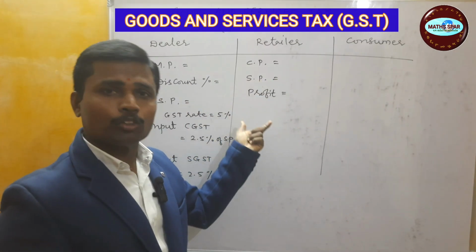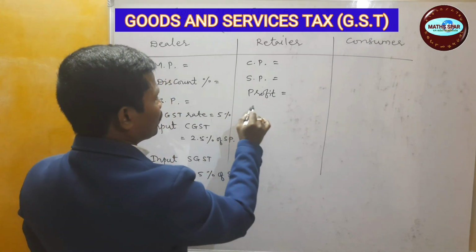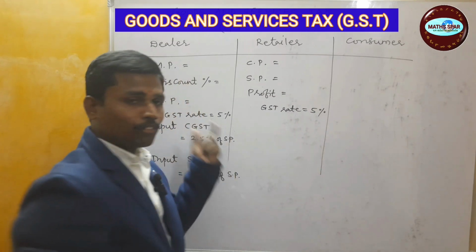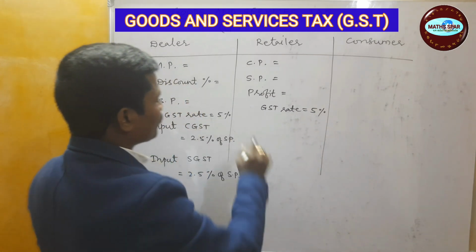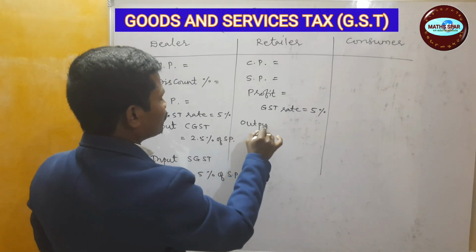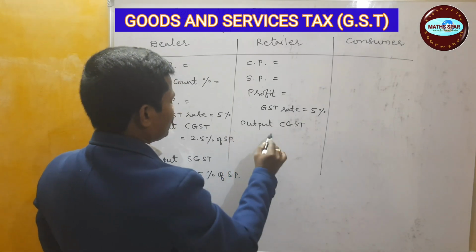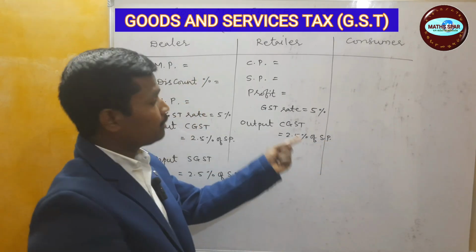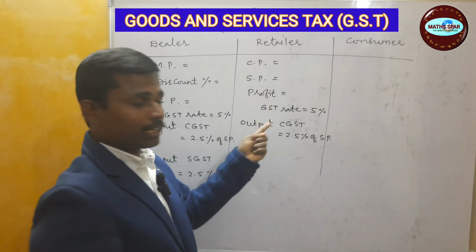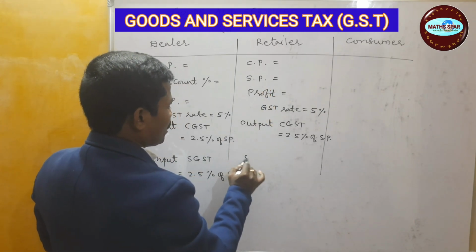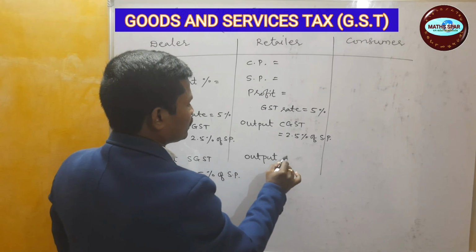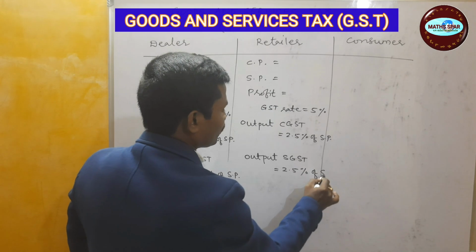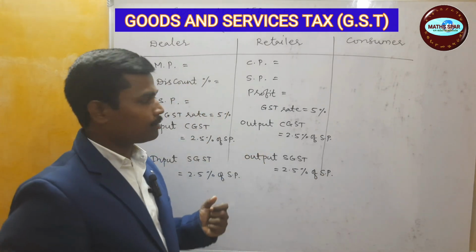If SP is given, no need to find the profit. Of course GST throughout the sum remains the same. Now output CGST, which is 2.5% of SP. Which SP? The SP that is there in the retailer column. Next, output SGST, that is 2.5% of SP, you will find.